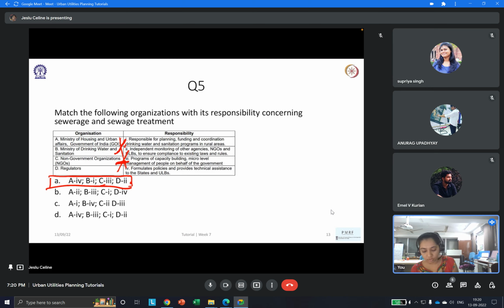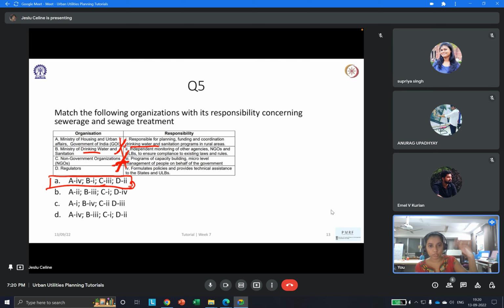So yeah, it's absolutely right. And when it comes to the Ministry of Drinking Water, that is there in the option itself. The regulators, NGOs, and ULBs, urban local bodies, are the main people at the execution level, when you physically see something being implemented, whereas the center or the state mainly oversees the whole process.